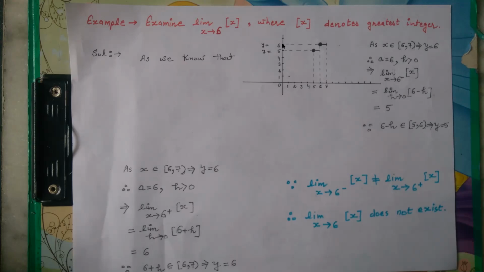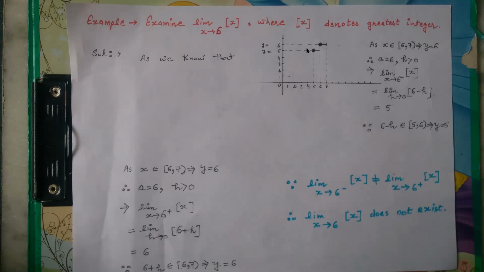From 0 to here, what is y? This is 6. So a is equal to 6, h is greater than 0, and x approaches 6 from the left side. We put a minus h in place of a, this is 6 minus h. That is to say, if we subtract even a very small quantity from 6, then the strip changes.